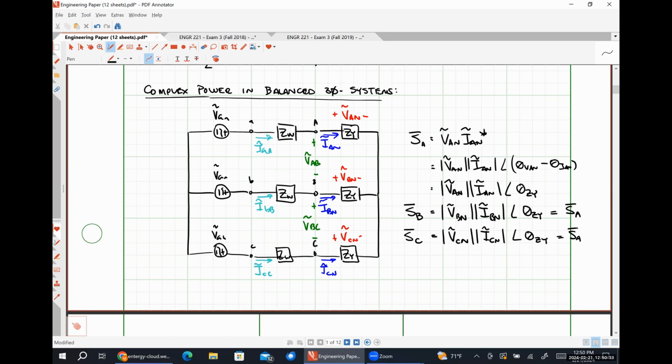Complex power absorbed by the C phase is also identical, so that the total power, which I'll just call here S_Y, is equal to SA plus SB plus SC, which is 3 times the magnitude of our A phase voltage, the magnitude of our A phase current, with an angle of theta ZY.